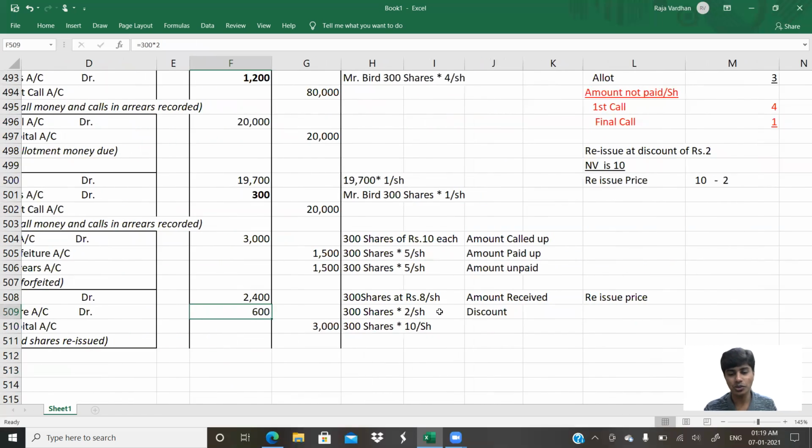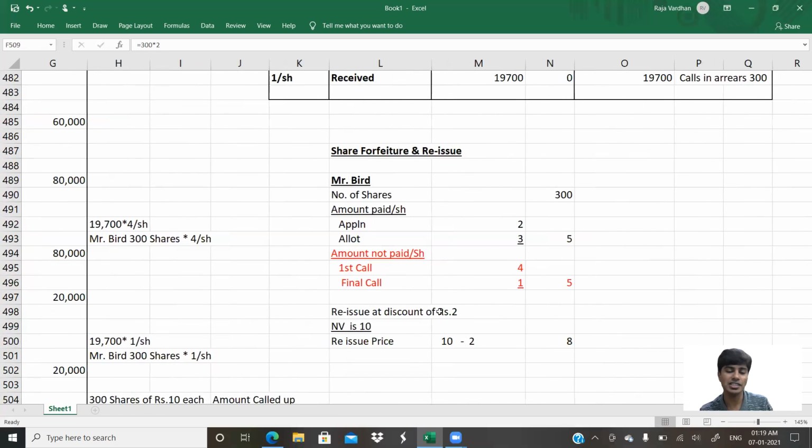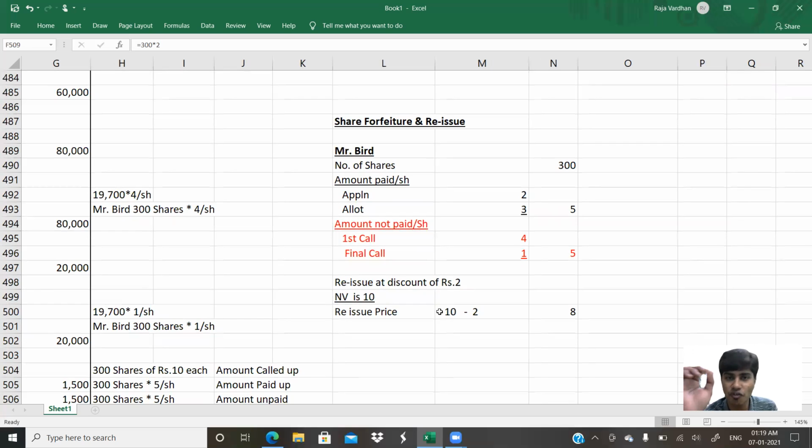I am repeating this to you. This is a simple logic. Try and catch this. Against these 300 shares of Mr. Bird, Mr. Bird paid 5 rupees. Another 5 rupees he didn't pay. On reissue, you received 8 rupees. So 5 rupees Mr. Bird paid, 8 rupees some other person paid. Totally you received how much? 5 plus 8, 13. Nominal value 10.